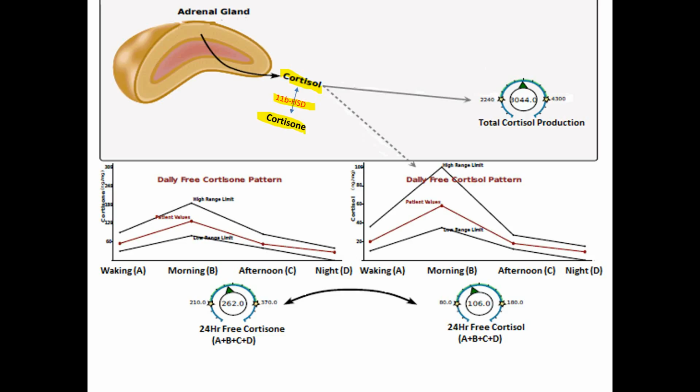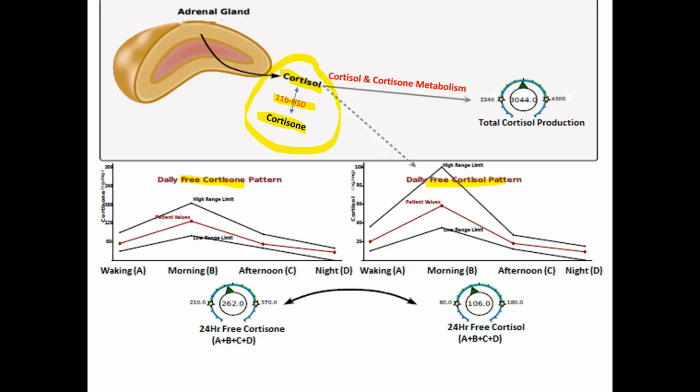Okay, so because it flips back and forth so much, we don't just want to look at the cortisol picture, we also want to look at cortisone as it's of secondary importance, but it helps to confirm that up and down pattern of what's really going on at the four different time points during the day. But that is all free cortisol, and that is all a very small fraction of the total that's produced.